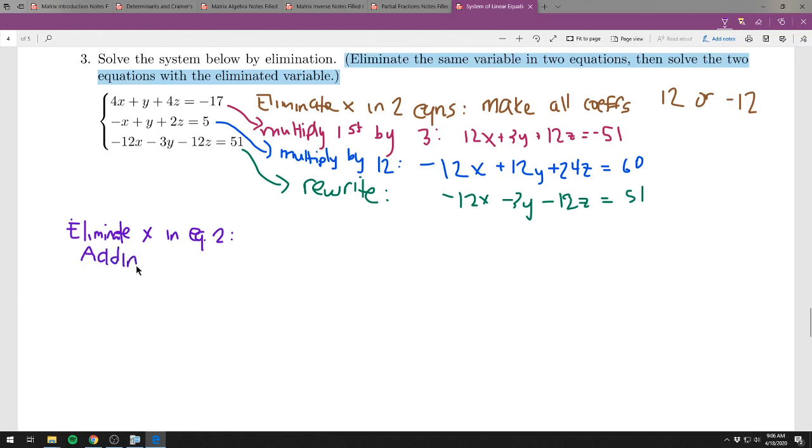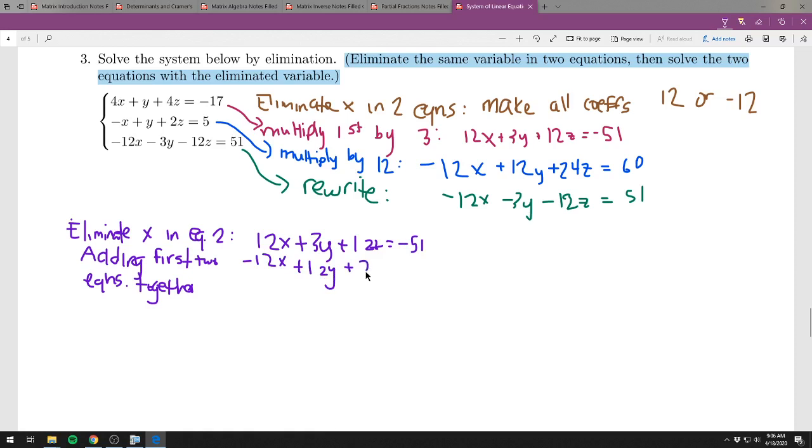And I'm going to do this separately, meaning I'm just going to leave my system of equations here, and I'm going to rewrite the first two and add them together. Right, so let's add these.